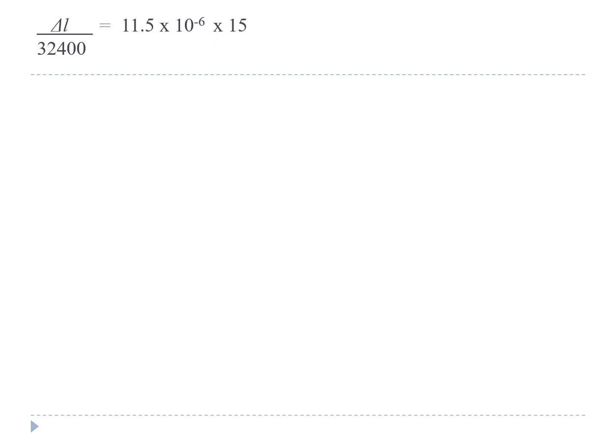Now what do I do is, 32,400 cross multiplies and goes into the numerator. So I'm going to get delta L is equal to 11.5 into 10 raised to minus 6 into 15 into 32,400. Nothing I've done, I just took it into the numerator.